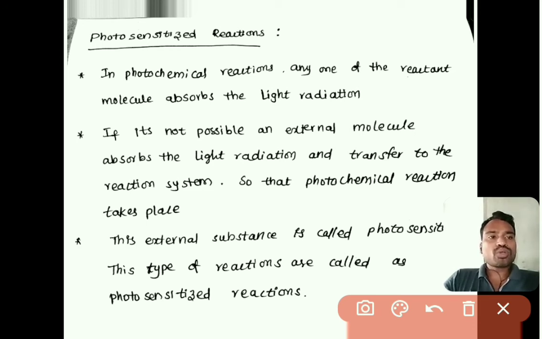To occur a photochemical reaction, the basic point is that one of the reactant molecules should absorb the light energy. Without absorbing the light energy, there is no photochemical reaction.